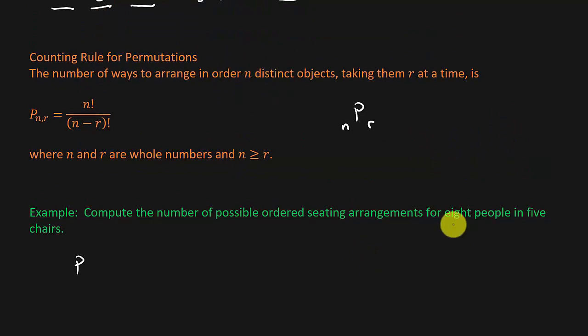So in this case, we have 8 people. And how many are we choosing? We're taking 5 of them, because of those 8, we have to choose 5 to sit in a chair. So that's permutation 8 choose 5. So that's 8 factorial over 8 minus 5 factorial.